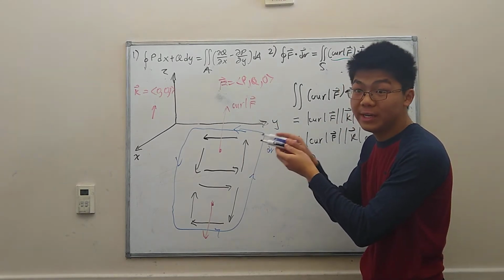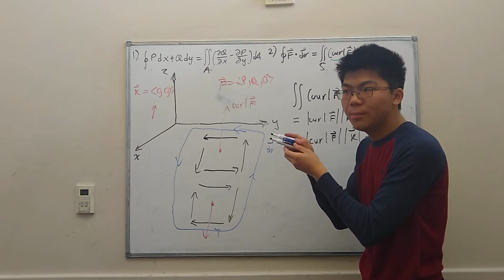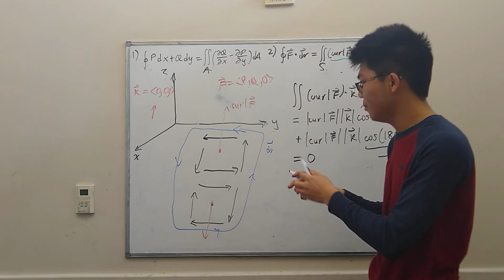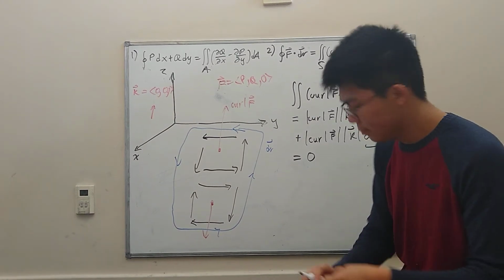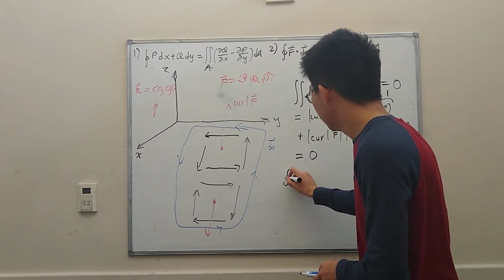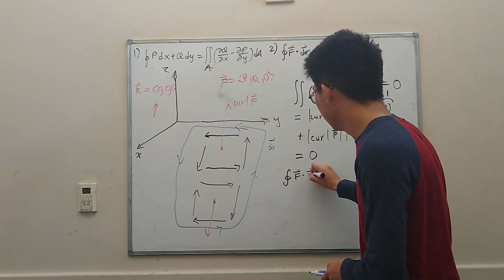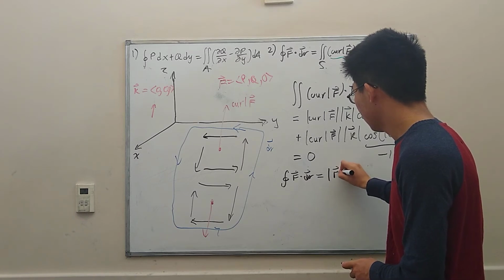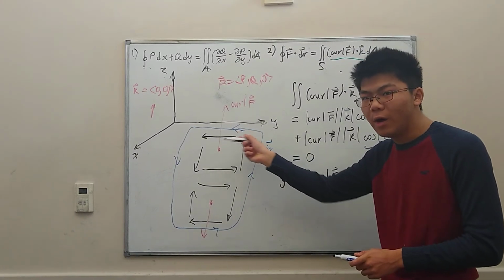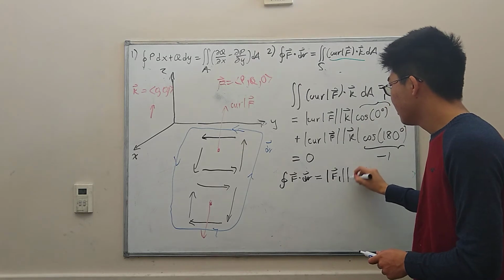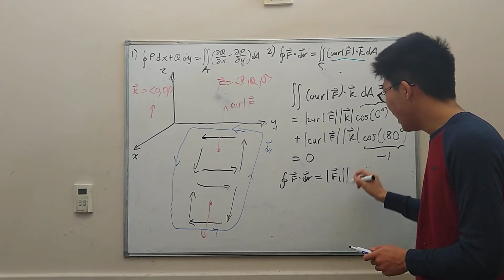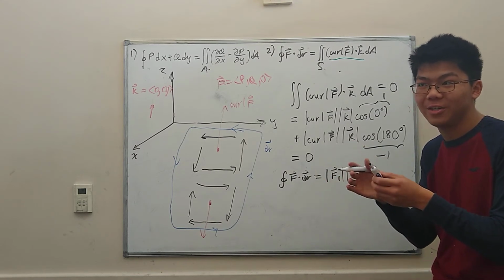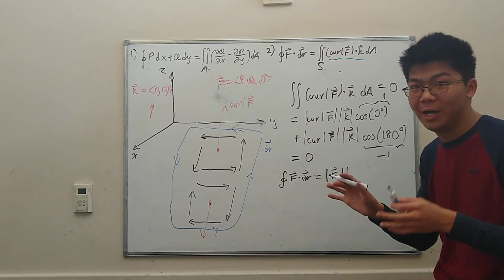Your dr vector is pointing this way. These two are pointing in the same direction, and so you have a positive value. So let me just denote this by f1 times dr. I know dr is not very rigorous here because it's actually an infinitesimal vector, but I just want to show you what's actually going on.